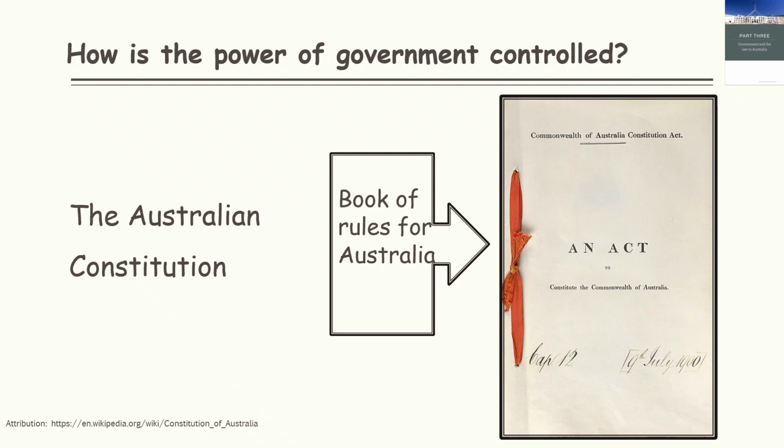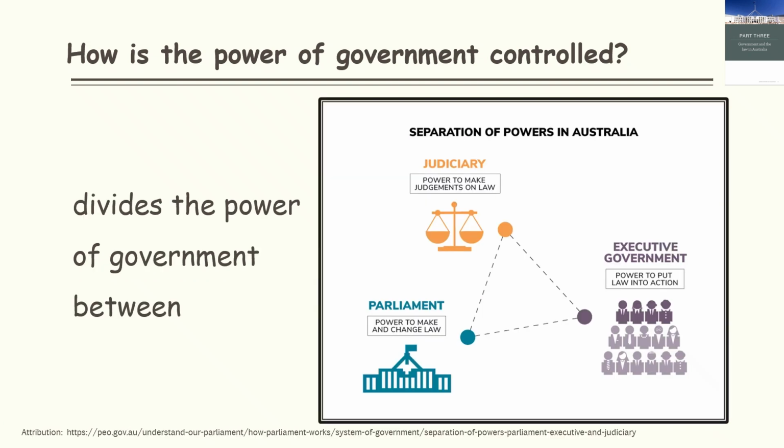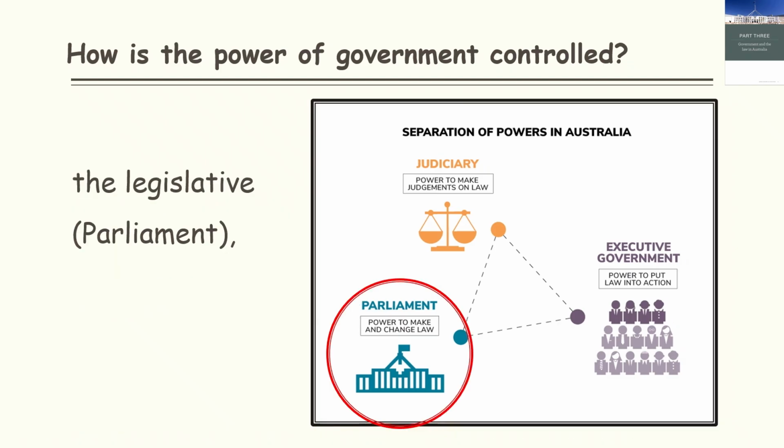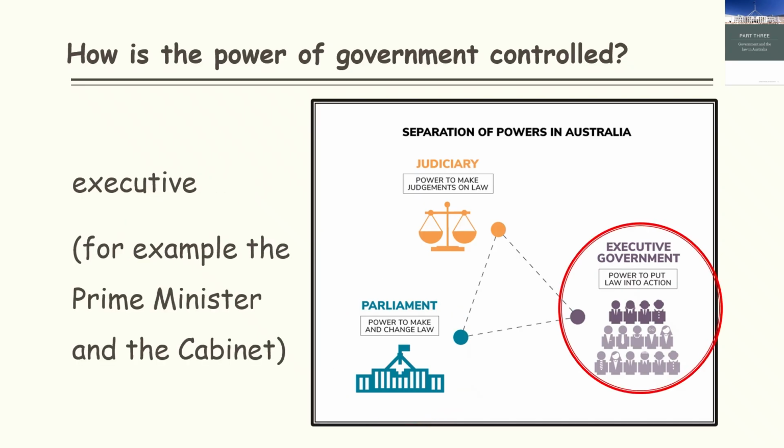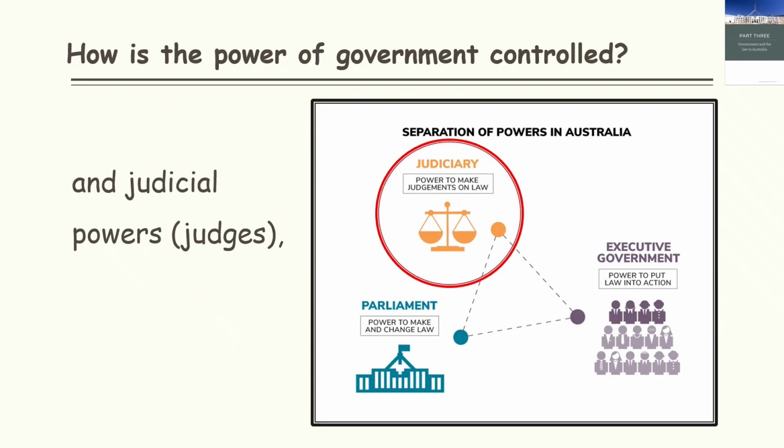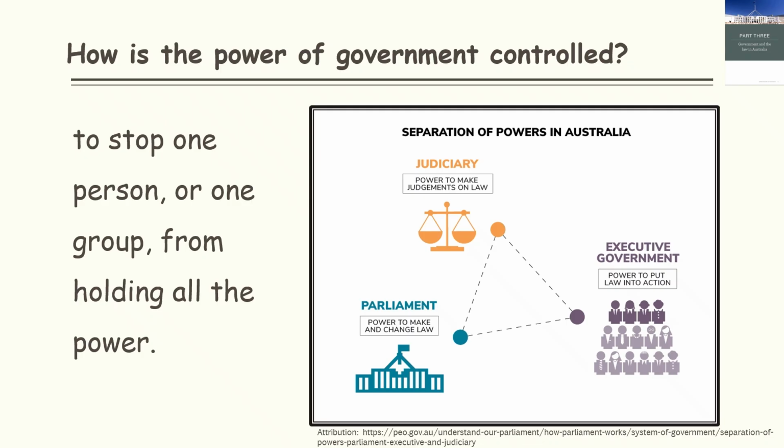The Australian Constitution divides the power of government between the legislative power, which is the Parliament, the executive power, for example, the Prime Minister and the Cabinet, which is a group of top-level members of the Australian government, and judicial powers, judges in federal court or the High Court of Australia. This is to stop one person or one group from holding all the power.